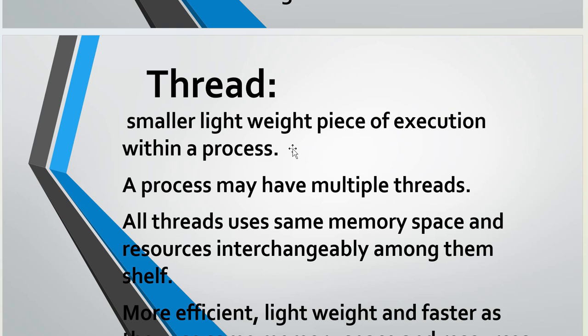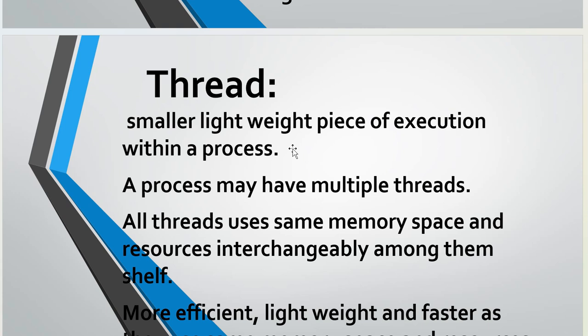All threads use the same memory space and resources interchangeably among themselves, because when multiple threads are executed, they will use the same memory space. It looks like it is running parallelly, but they use the memory space interchangeably.